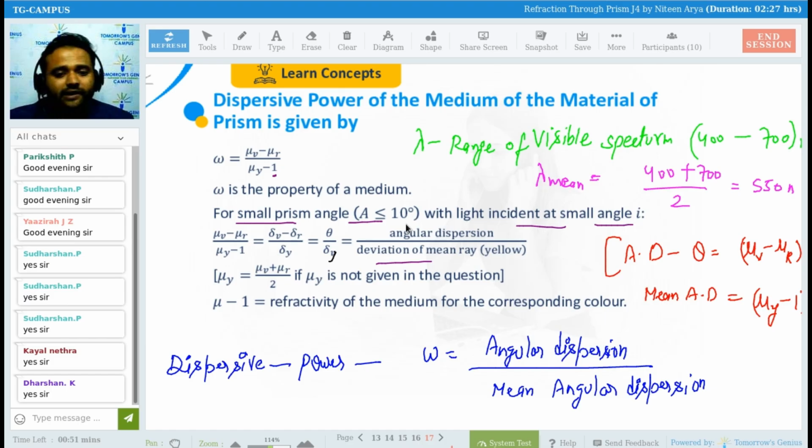So from here we can find the refractive index of yellow, that is refractive index of violet plus refractive index of red divided by 2. And if this refractive index of yellow is not given in the question, mu minus 1 is the refractivity of the medium of the corresponding color. Okay, so that is simple.